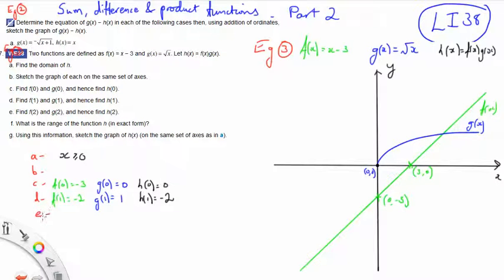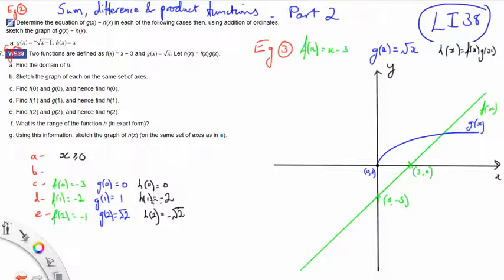Part E, find f of 2, g of 2, and hence h of 2. Well, f of 2 is negative 1. g of 2 is the square root of 2. And h of 2 is going to be their product. So it's that times that, which is minus root 2. It's their product, the two numbers multiplied together. Minus 1 times root 2 is minus root 2.